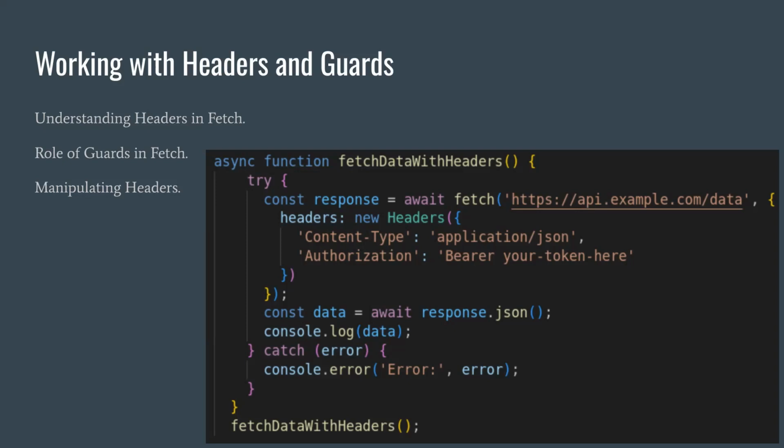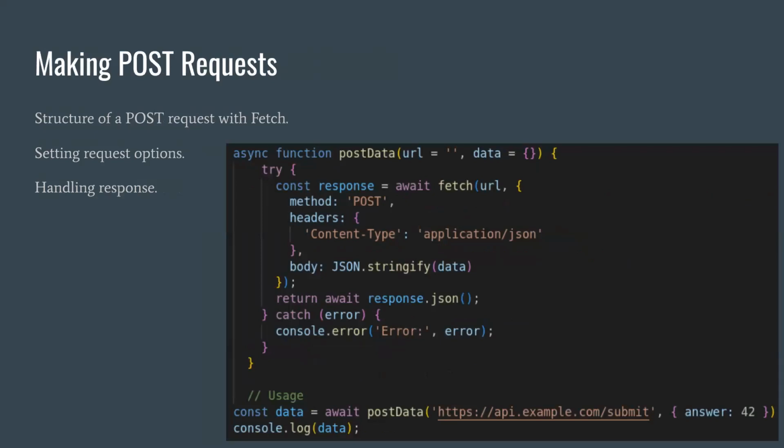One interesting aspect of headers is the concept of guards. What we mean by guards in headers is that guards regulate how headers can be manipulated. For instance, a guard can restrict changes to headers, ensuring the integrity of the request or response.